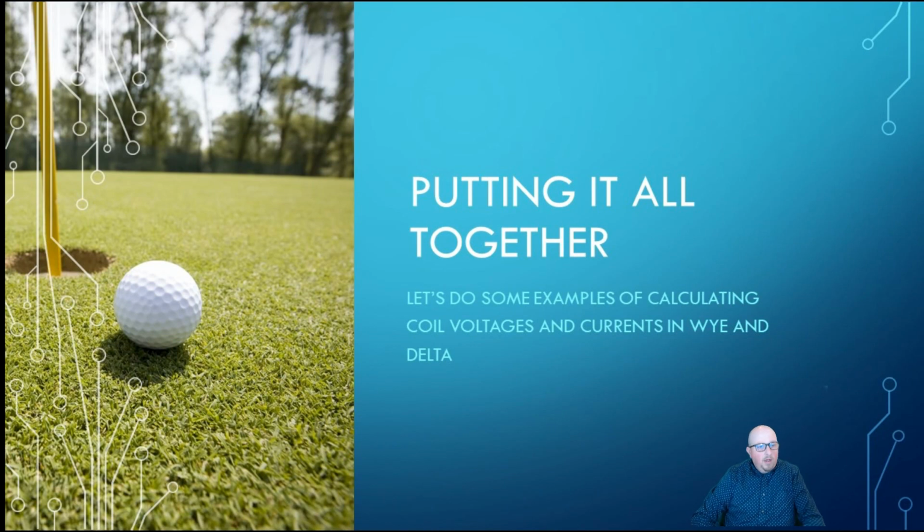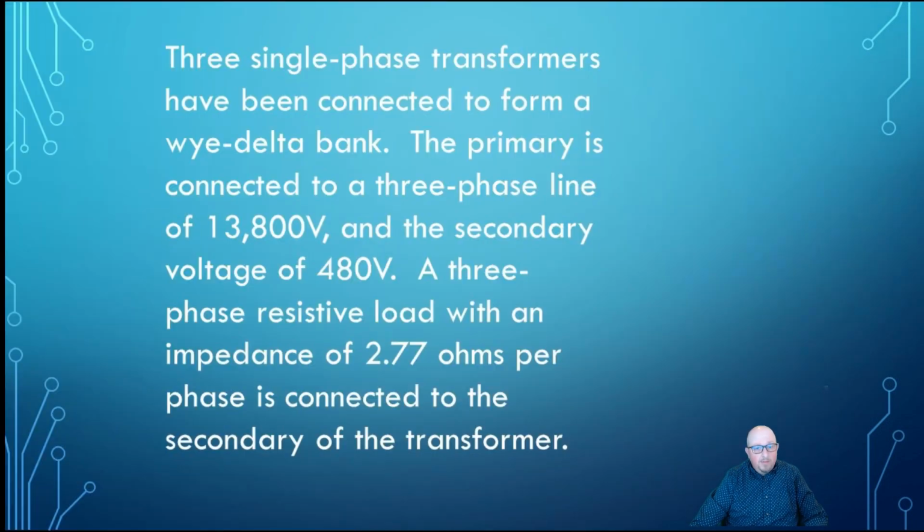All right, and here we are, through the magic of television, inside of a PowerPoint. So what we're going to do is put all this together. We're going to do some examples of calculating coil voltage and currents in a Y and delta, like we discussed. This is our setup.